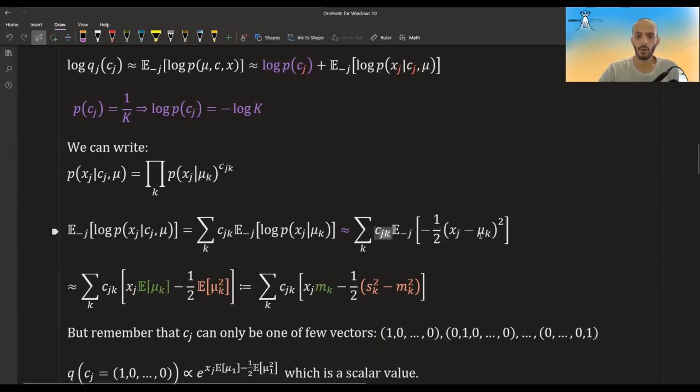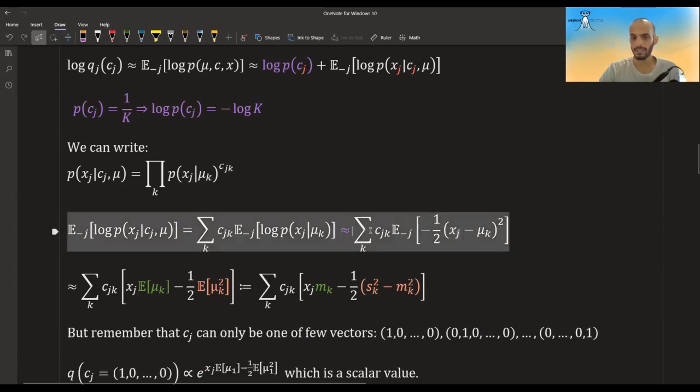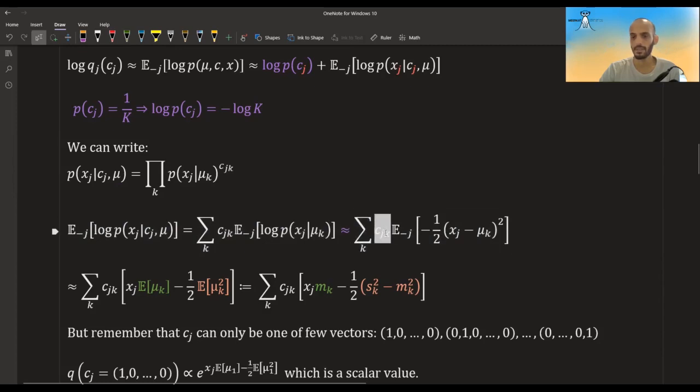And if we open this up, yes, we will get x_j to the power of 2, but we don't care about it. It's constant. It doesn't depend on c_k. So once we take it off of the exponent and then take the sum of it, it will just be equal to the sum over c_jk, which will always be 1, right? Because there's only one 1 in the one-hot vector. So we don't care about it.